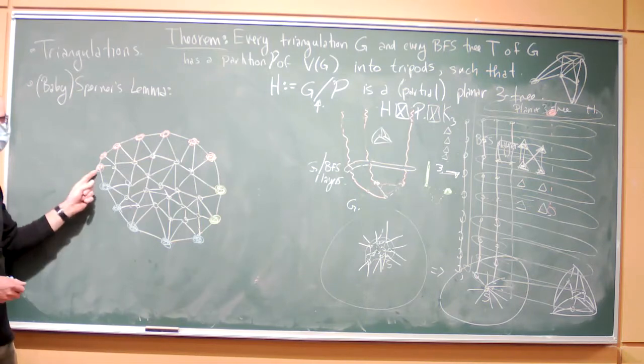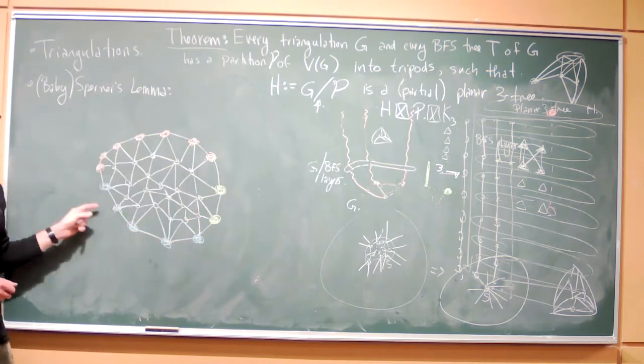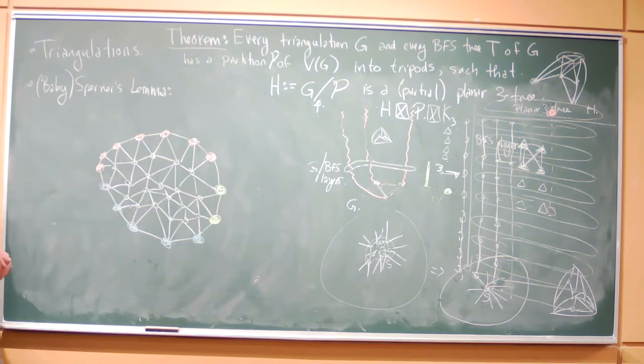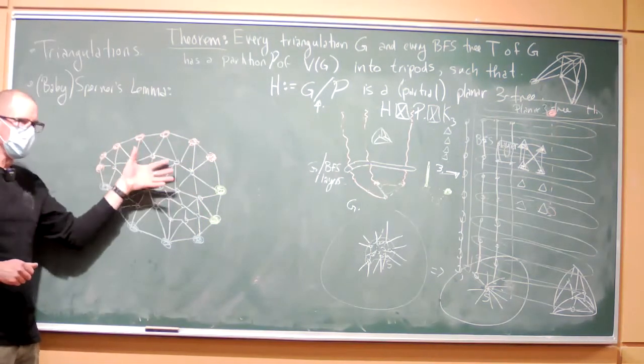So 3 intervals, an interval of red, an interval of green, an interval of blue. No sort of flip-flopping in between. And I color all the vertices, including the ones inside.